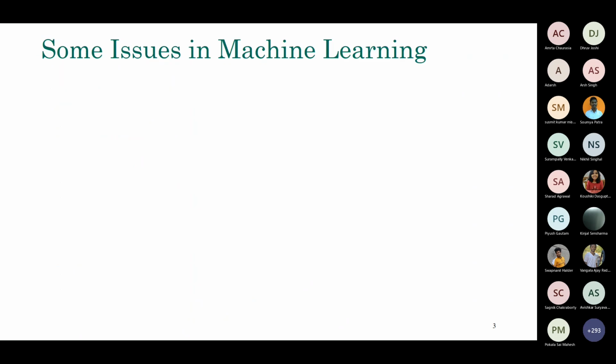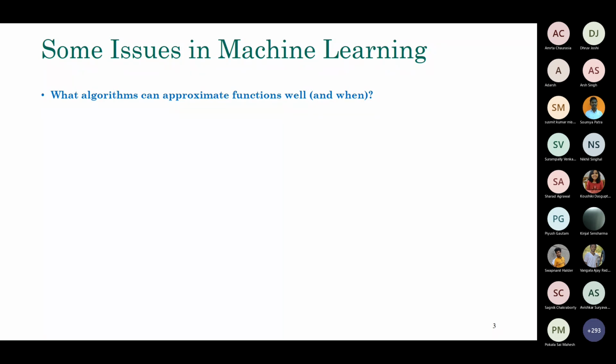Okay, so some issues in machine learning, in continuation with what we were talking about last time. When you are designing machine learning models, what are the issues that you need to keep in mind? Number one: what algorithms can approximate functions well, and when. Machine learning is mostly about function approximation.